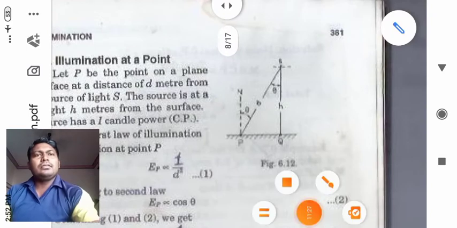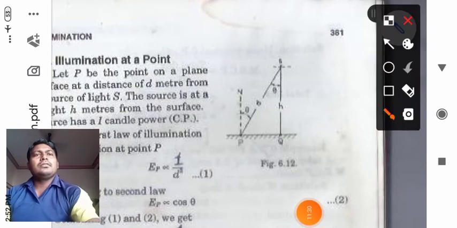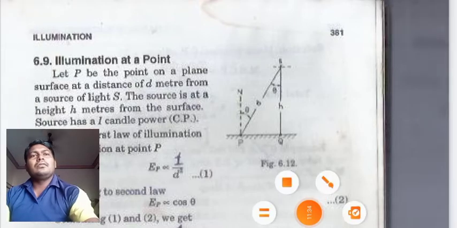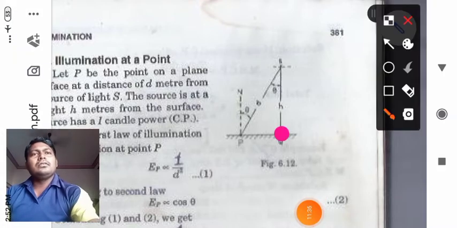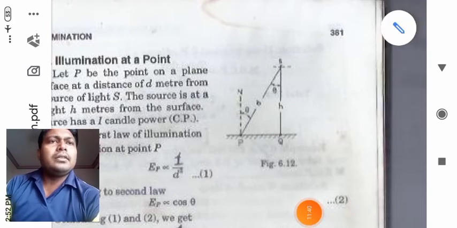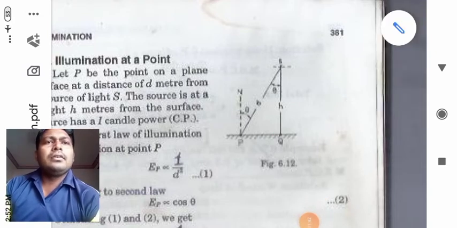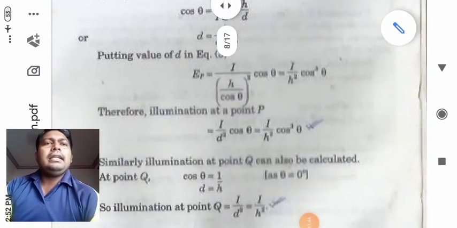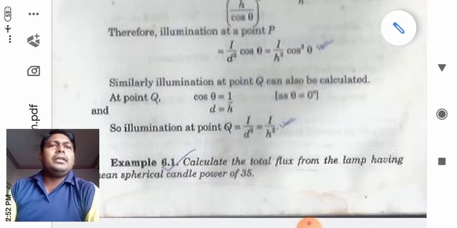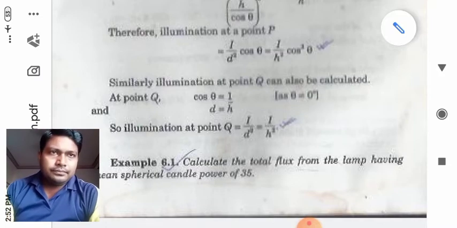Q is this point. So if at this point we have to find out the illumination, we will have the formula I divided by d square, which is also equal to I divided by h square.